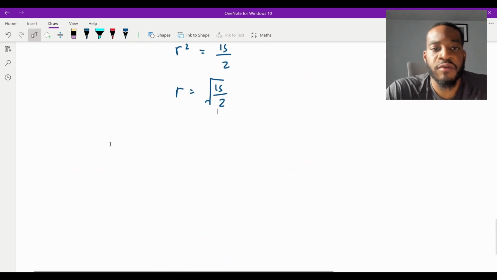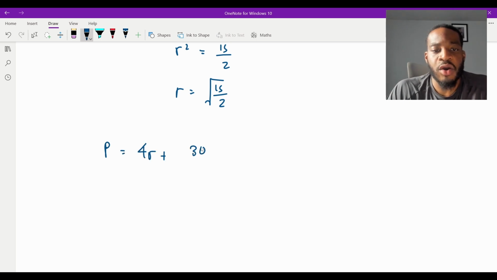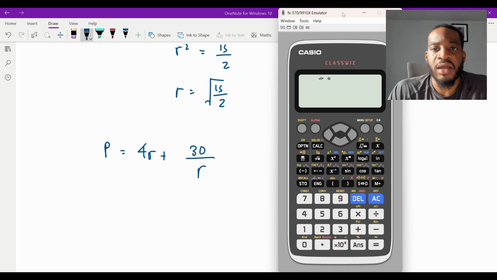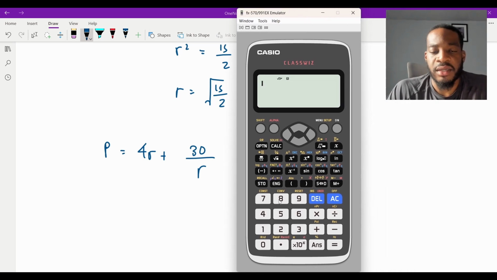Well, I know P equals 4R plus 30 over R. So if I plug that in there, then what will we get? Let's just do a bit of calculator work because you can. So 15 over 2, that is root 30 over 2. Fantastic.